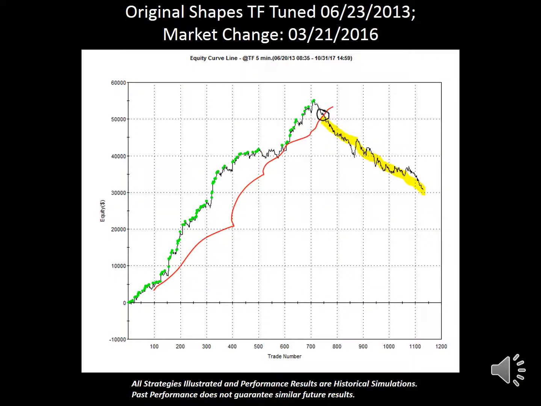First thing is to show a couple of concepts. First of all, here's a system that I tuned on June 23rd of 2013, and the settings have not been changed. This is a blind walk forward simulation of that system, and you can see that on March 21st of 2016, where it broke the trend line, the system broke. And this is the idea of following the equity curve either with the switcher that I provide electronically or with just a trend line on your equity curve.